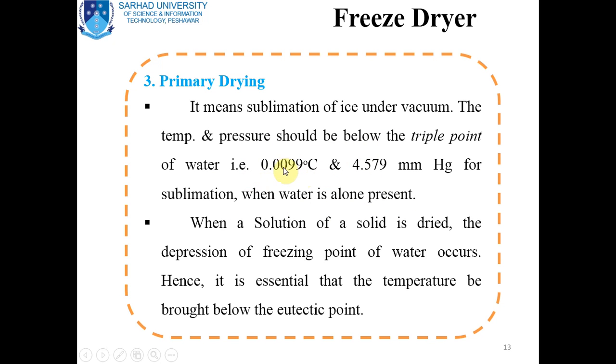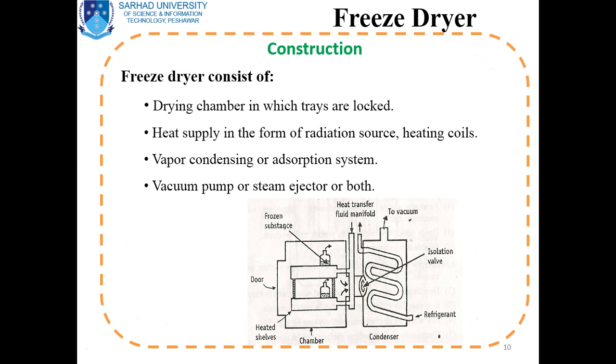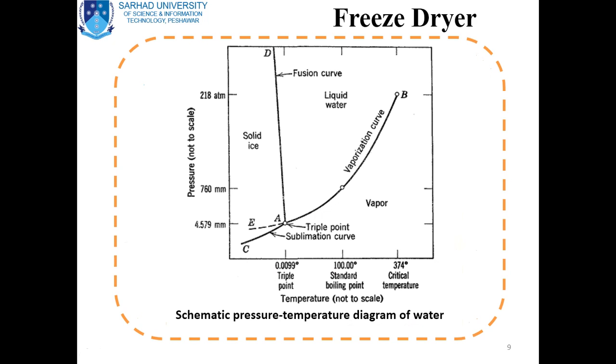You can see on the diagram for water, the temperature is 0.0099 degrees centigrade, because at that particular point, the triple point, we have to keep the temperature and pressure below it.